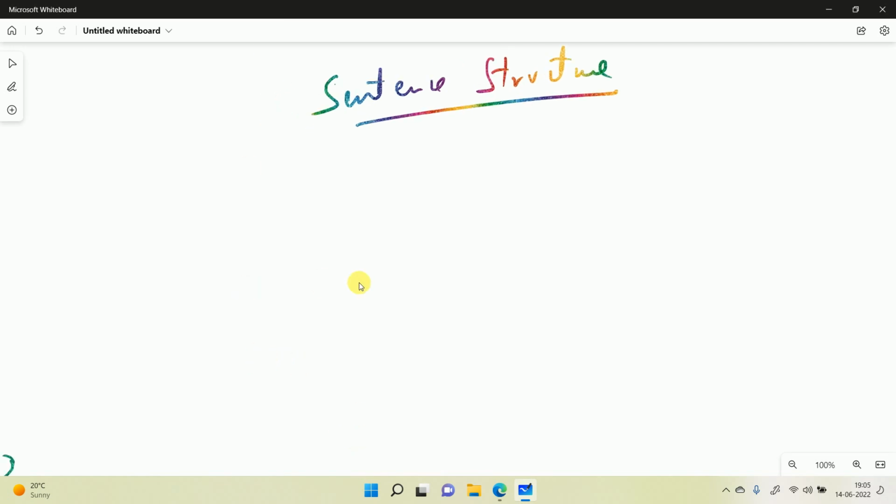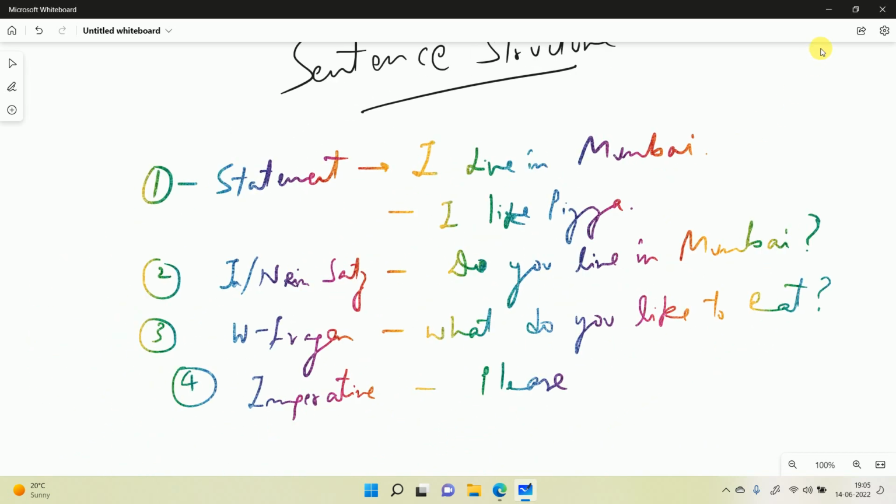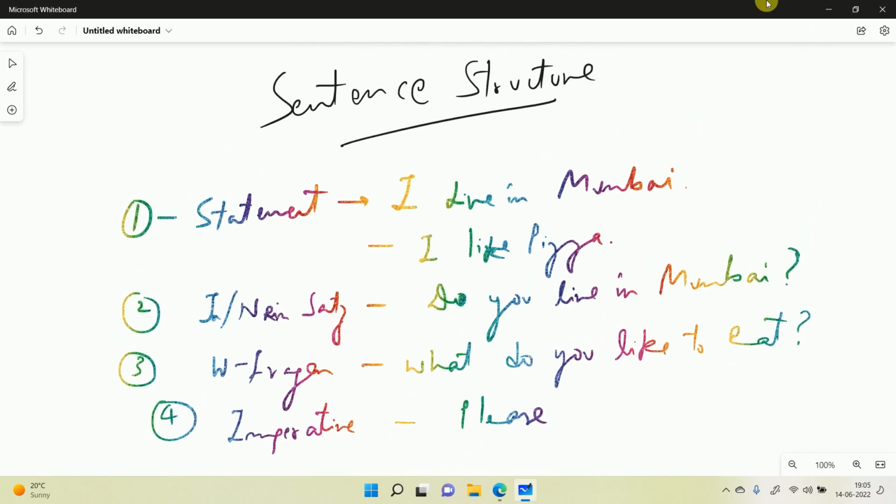Also heute fangen wir an mit einem neuen Thema, das heißt Sentence Structure. Okay, so instead of writing everything again, I would like to mention here straight away. There are invariably four types of sentence possible.